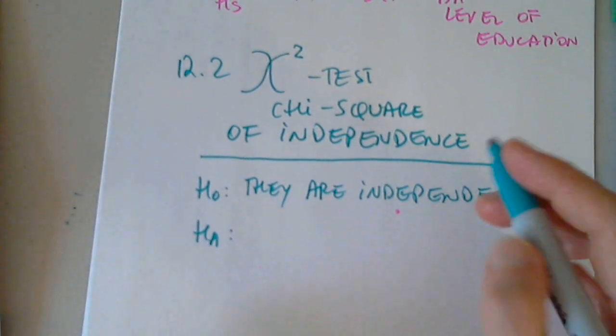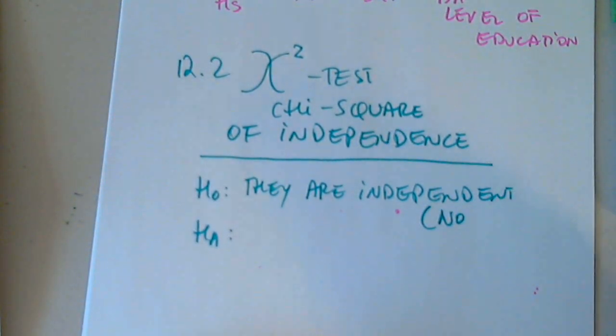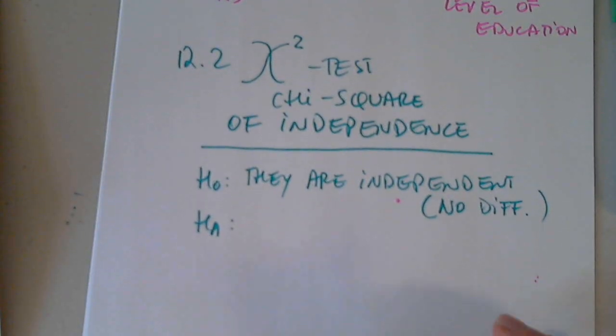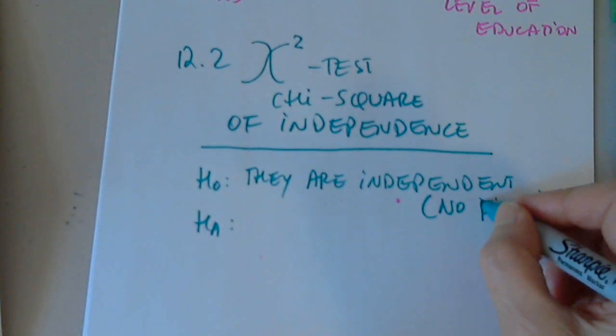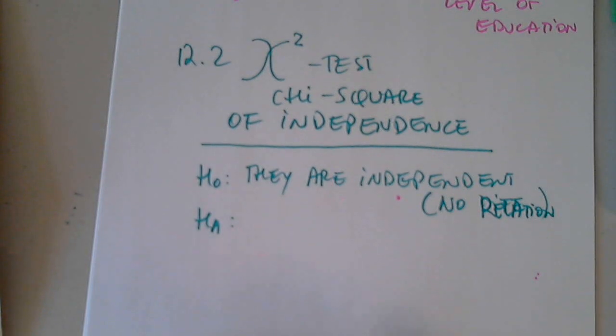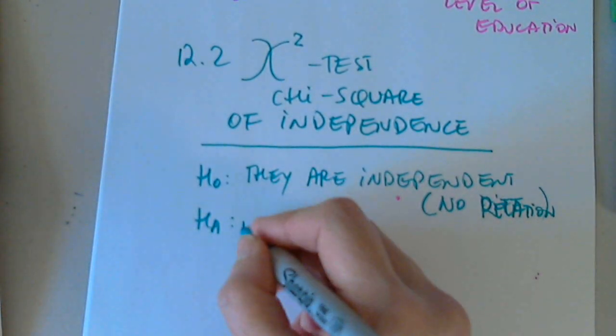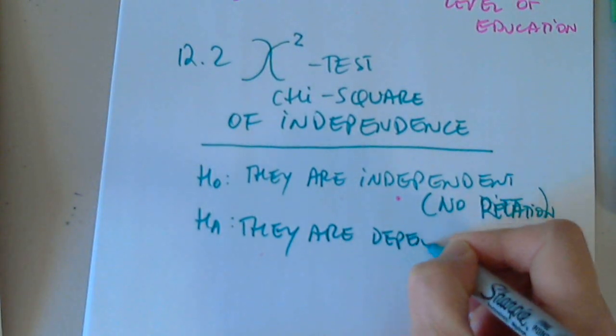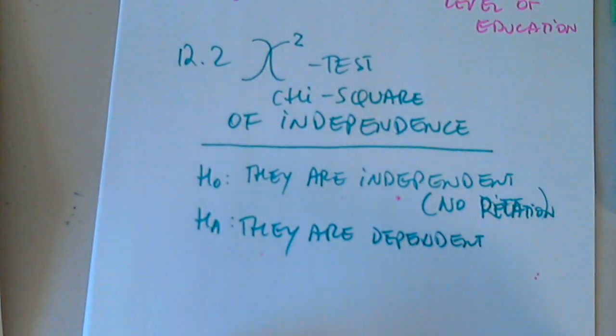In other words, no difference. Or no relationship, better: no relationship, no association. Here, they are dependent. There is a relationship between the two.